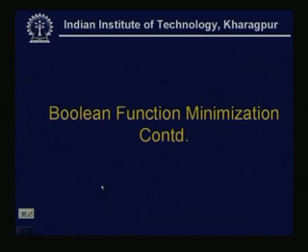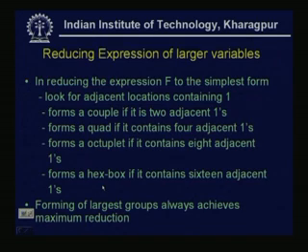Today we read some more things on Boolean function minimization. If I quickly summarize the portion that we have already read in reducing the expression using K-map: if we draw one K-map for a given expression, then first we see the adjacency of ones present in the K-map.